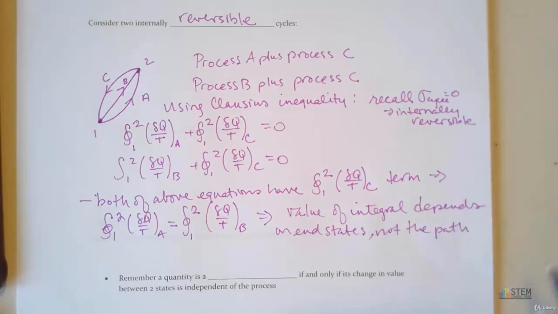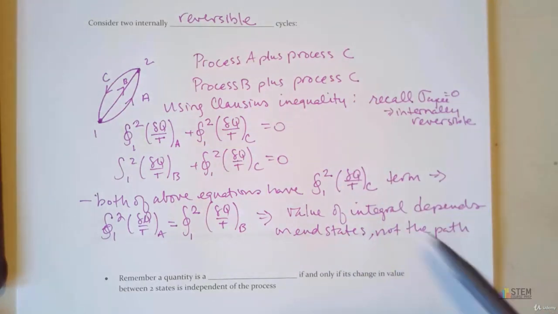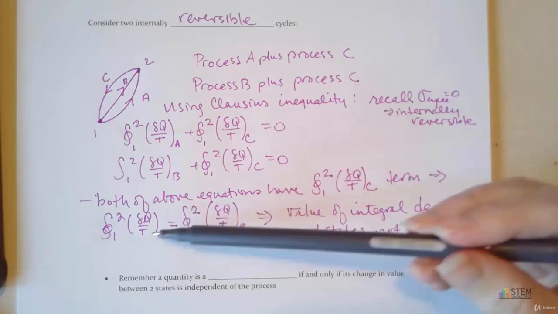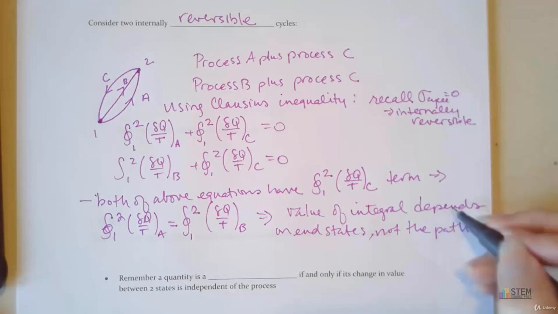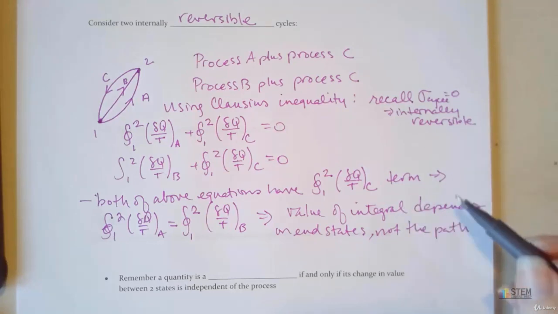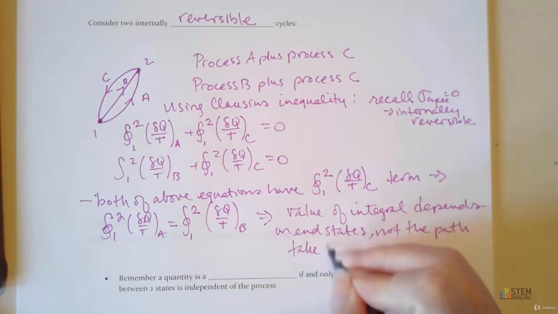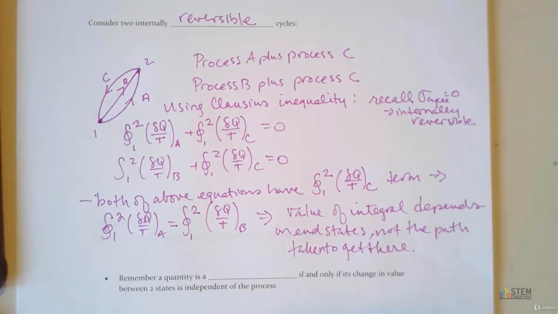Because we took two different paths, right, to get from 1 to 2 and then back again, and we just proved using this that the path doesn't matter because this one has to equal this one, even though they are different paths. Okay, so the value of the integral is going to depend on your end states, so 1 and 2, not the path taken to get there. Alright, so now we've got that established.